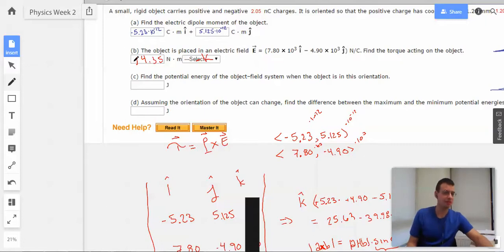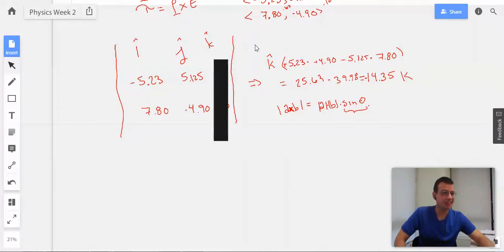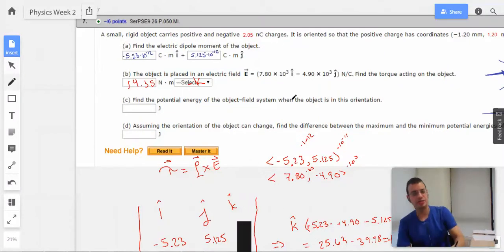Maybe it'd be fine if you said negative 14.3 and positive K. You need a negative in there somewhere, and it's however the problem wants you to enter it. The torque is a cross product, similar to physics 1, where torque equals R cross F. Except this time we have P cross E.